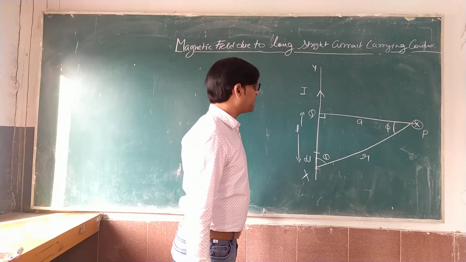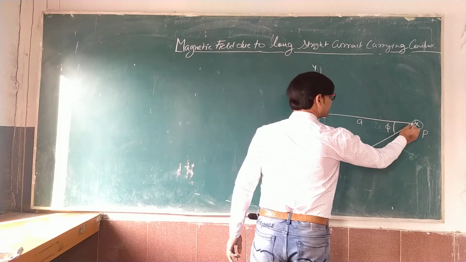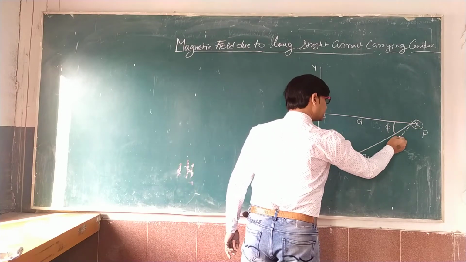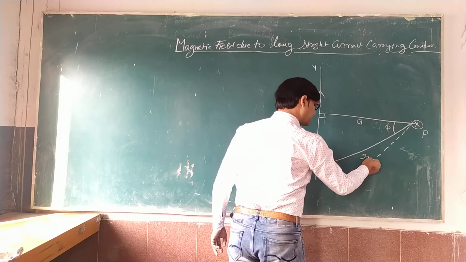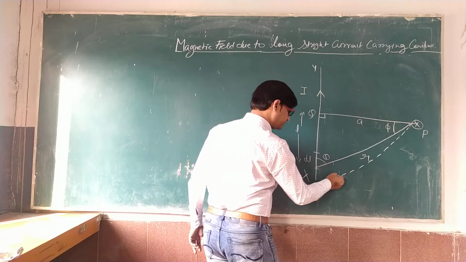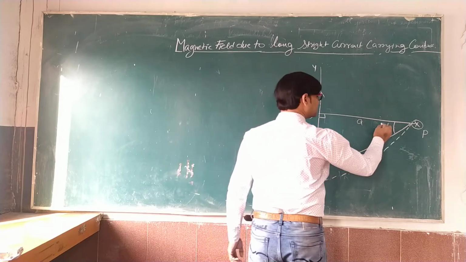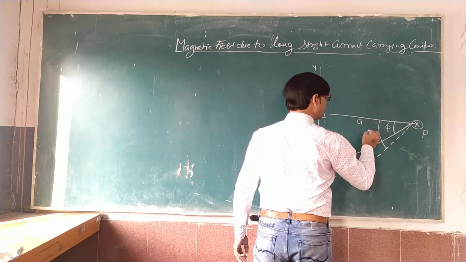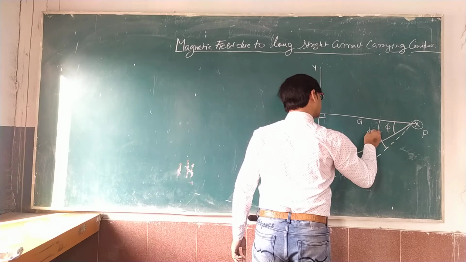In order to do that, let's join the ends of the conductor with the same point. This is making angle phi 1.